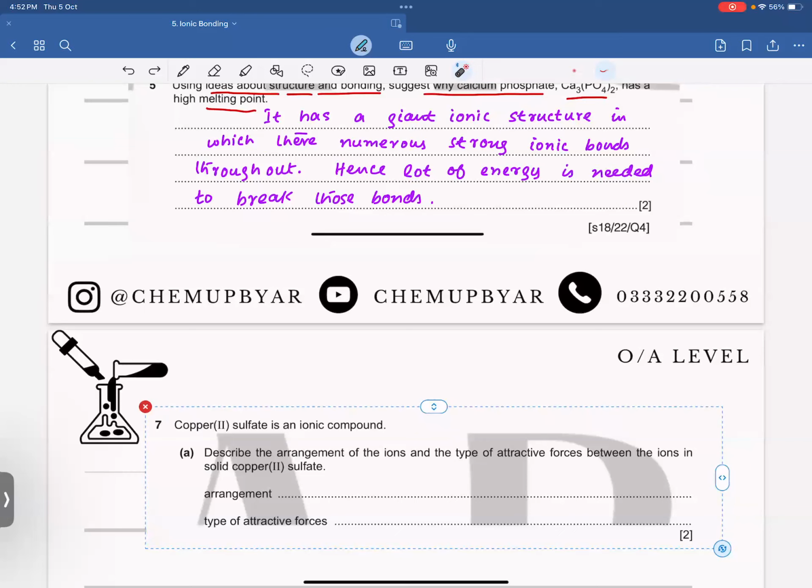And the type of attractive forces: electrostatic force of attraction. Yes, very good. The electrostatic force of attraction between oppositely charged ions is an ionic bond. So the arrangement would be regular arrangement or uniform arrangement; you can write either term. And for the type of attractive forces, electrostatic forces of attraction.